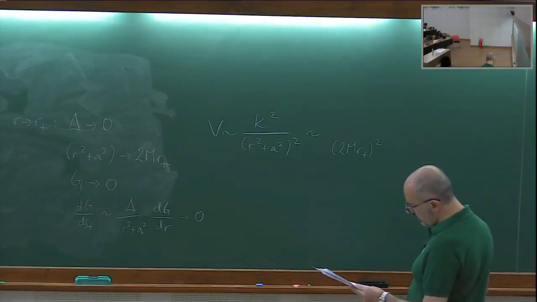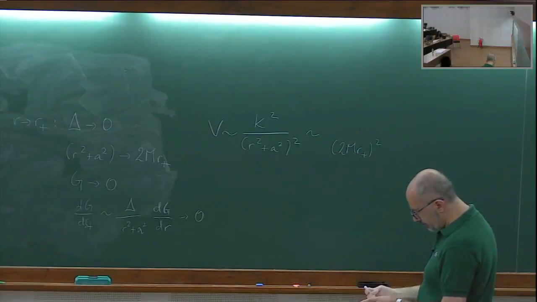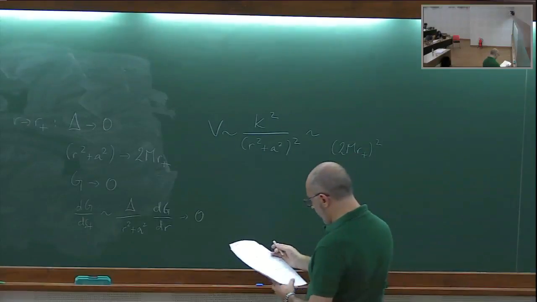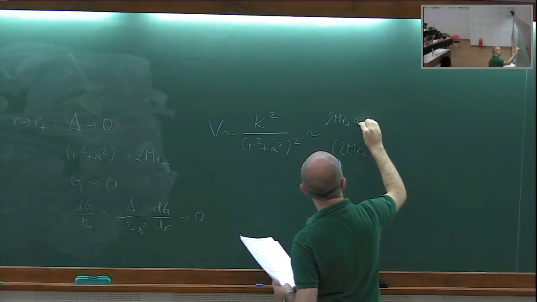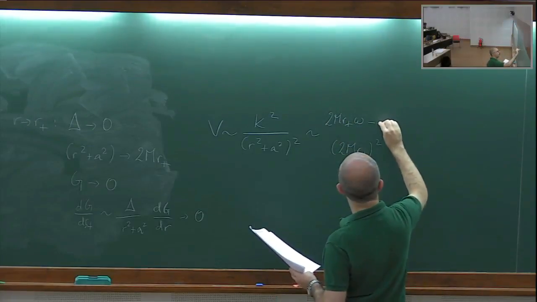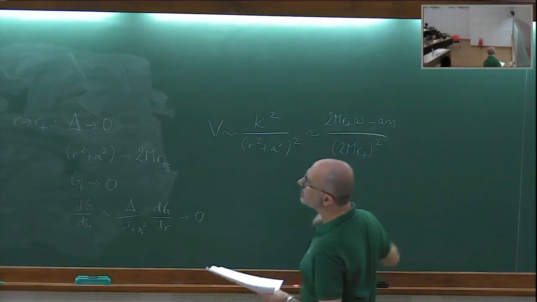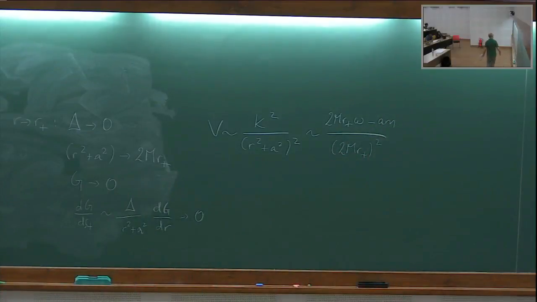And k squared is r plus squared plus a squared, but that's 2m r plus omega minus a m, right?